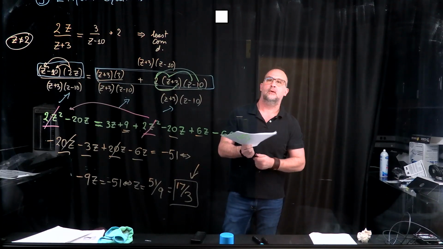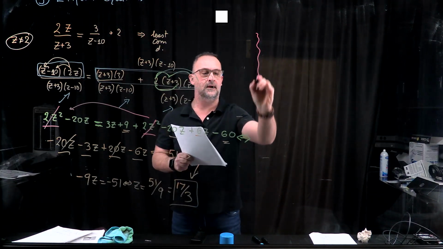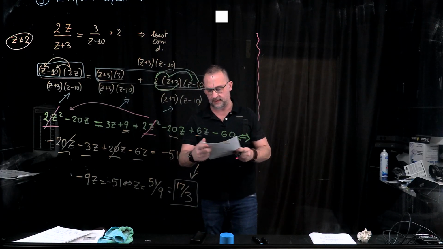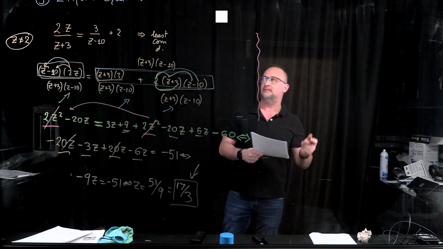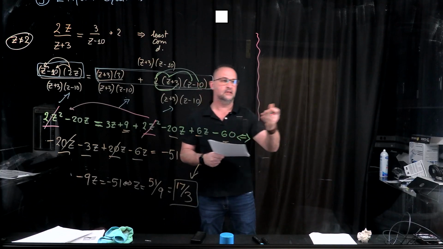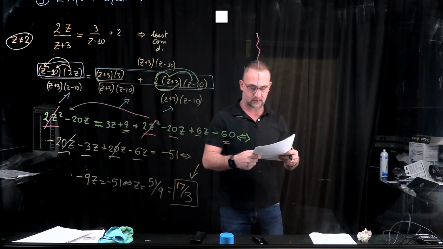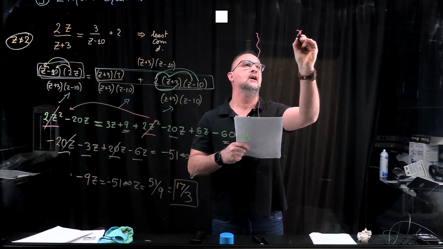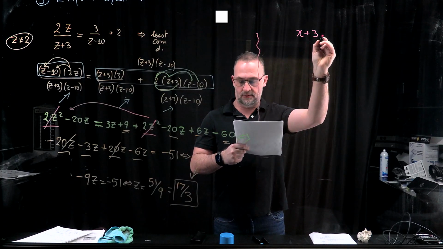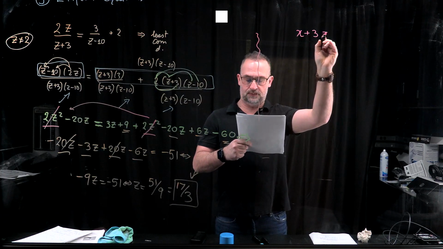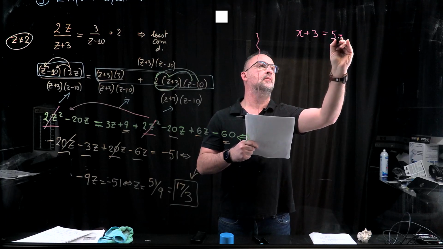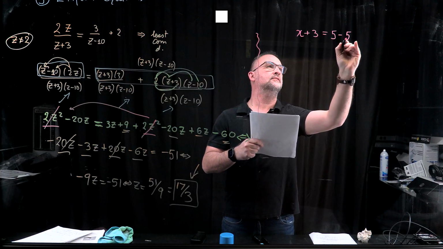Now, what if we have two equations together? That is, for instance, we have a variable x and a variable y or z, whatever. So we have one equation that says x plus 3 equals 5 minus 5 times y.